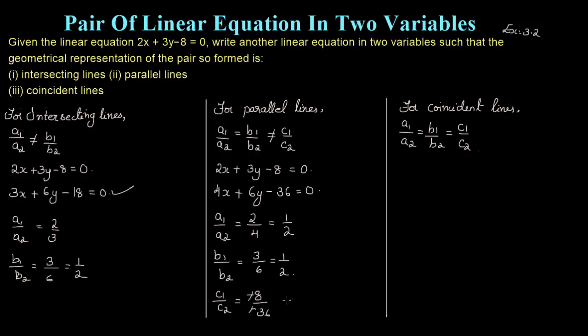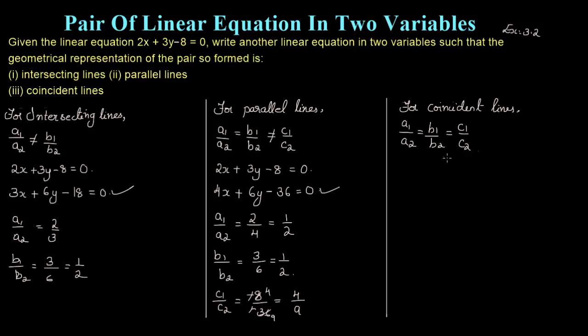So it is getting cancelled. Then 8, 4 twos are 8, and 9 fours are 36, so you are getting 4 by 9. So you can observe here these two ratios are equal, but the ratio of C is different. So the lines are parallel. So this is the correct line. The equation is perfectly fitting for the parallel lines.